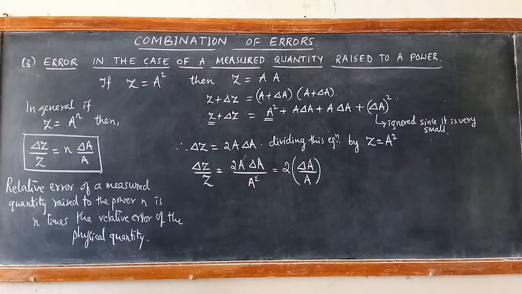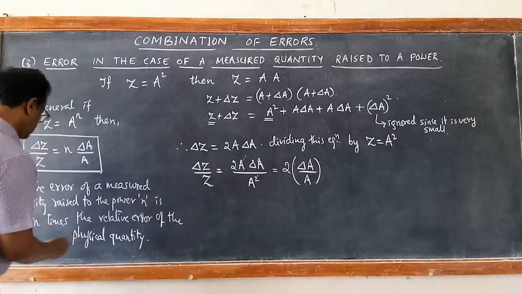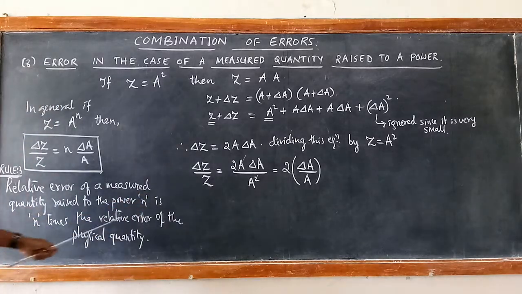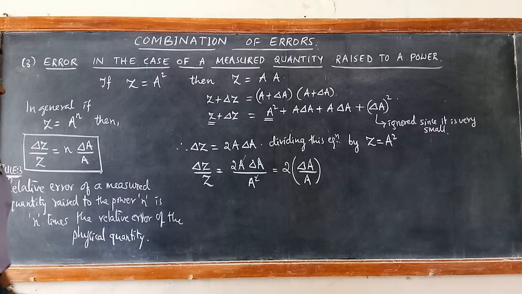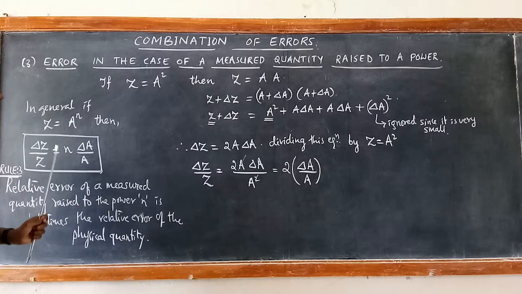So this is the rule number 3. Relative error of a measured quantity raised to the power n is n times the relative error of the physical quantity. So that is delta z by z is equal to n times delta a by a.